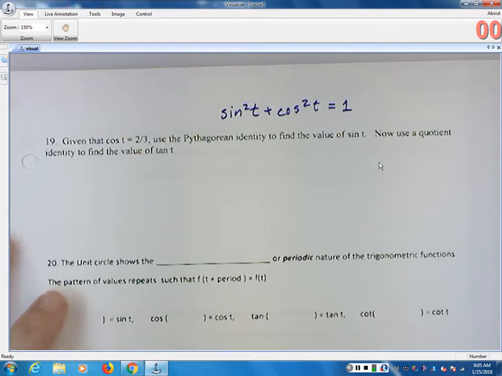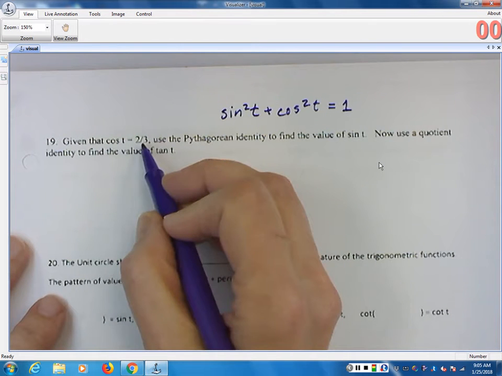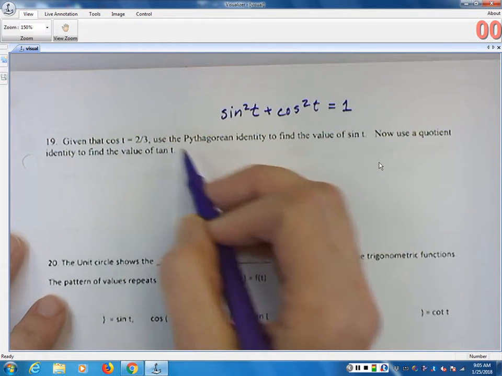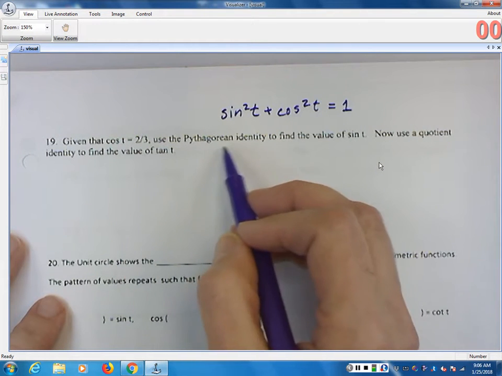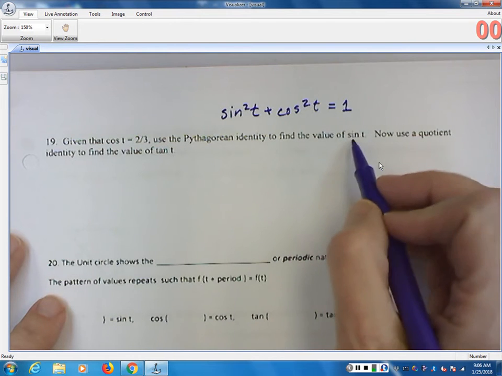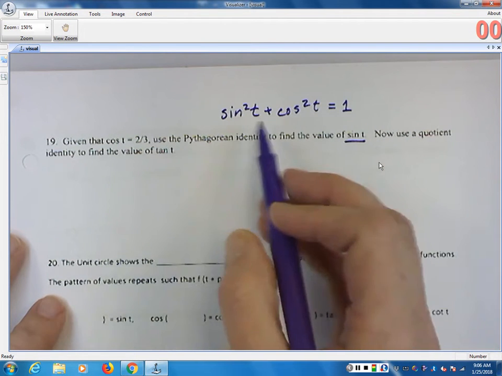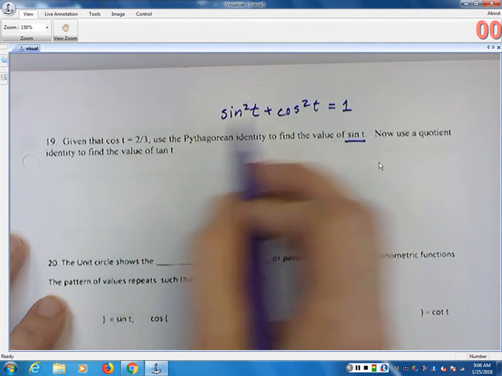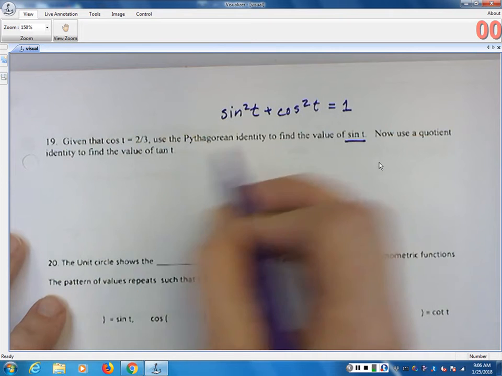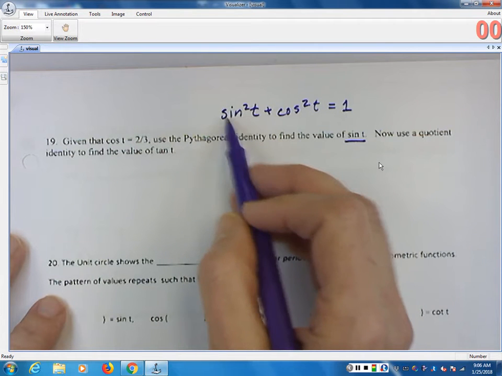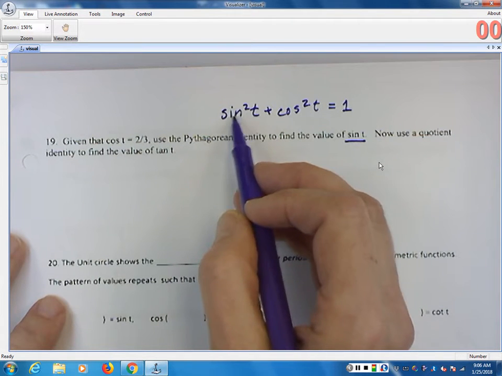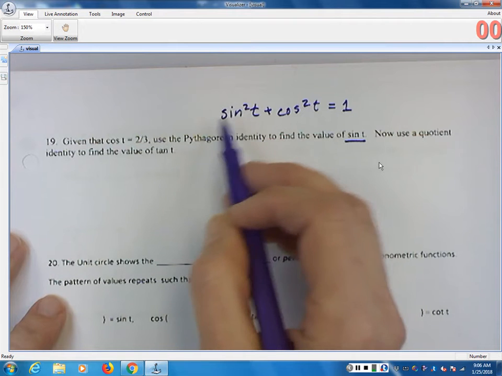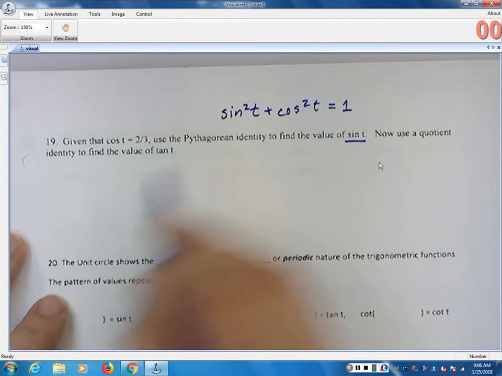So if cosine t is 2/3, we'll use the Pythagorean identity to find the value of sine. So we just substitute 2/3. Now this is a little weird. This means sine of t squared, but we shortcut it and put the squared here.